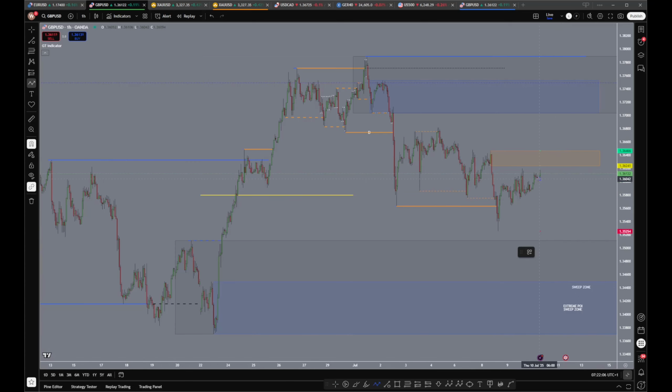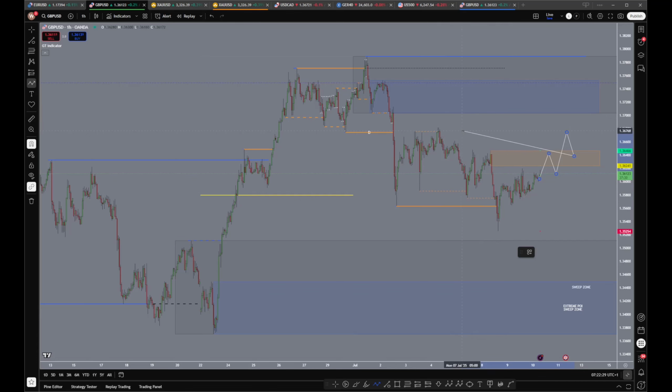So if this demand supply zone does fail, then we're going to have some bullish order flow, and possibly some unmitigated supply here, but I think this has been used up. We've pushed down, broken the lows. I think this has done its job.